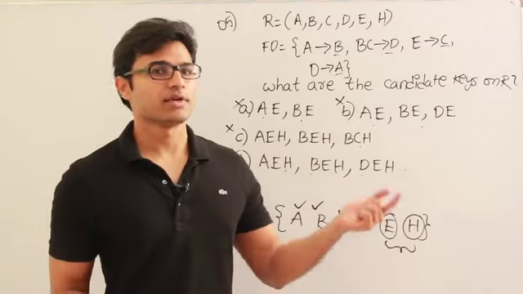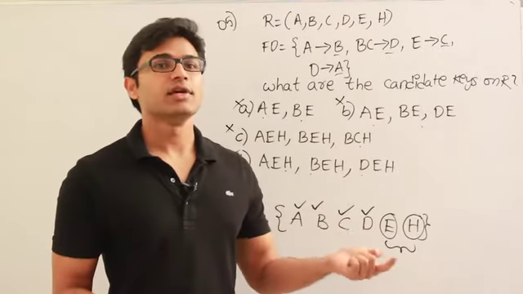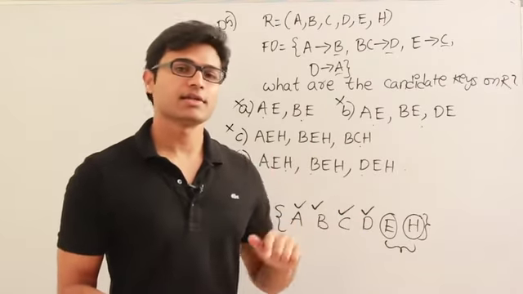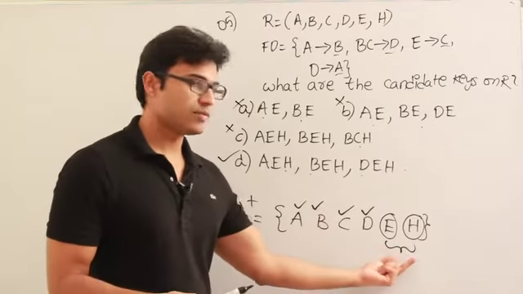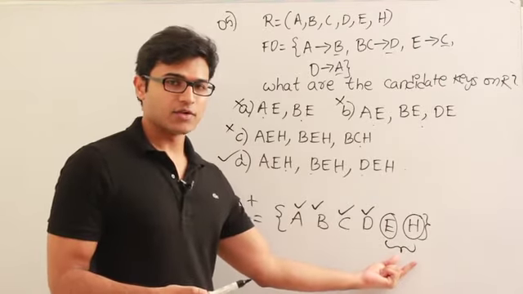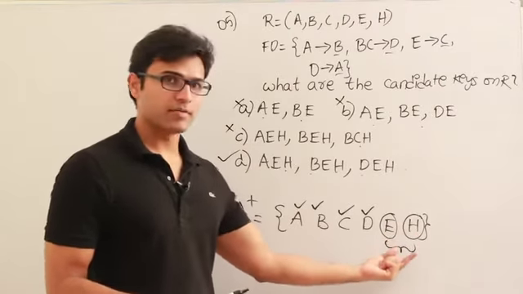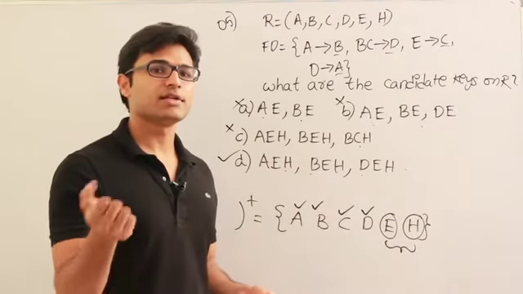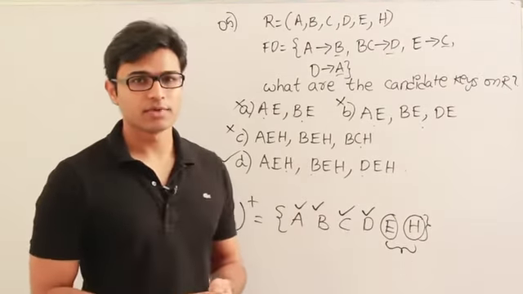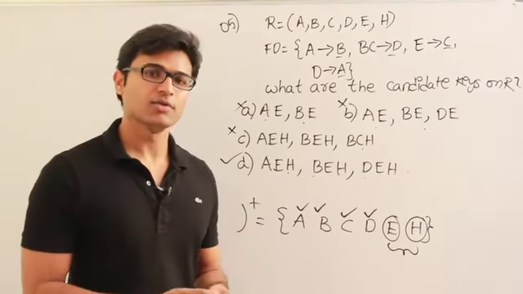In case we definitely need EH, and if EH is a key, then definitely EH is a candidate key. The reason is, we just declared that EH should definitely be there, which means you cannot remove anything from that, and EH is a key, which means it is minimal as well as it is the key. Therefore it should be the candidate key. In that case you get a unique candidate key.